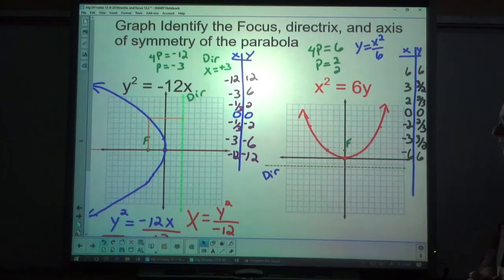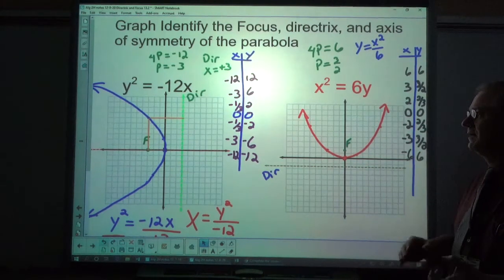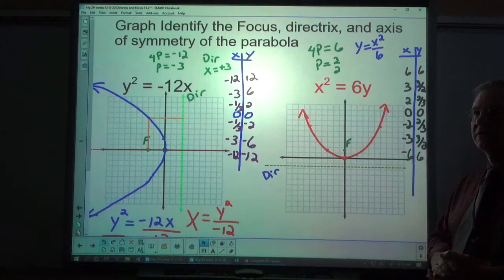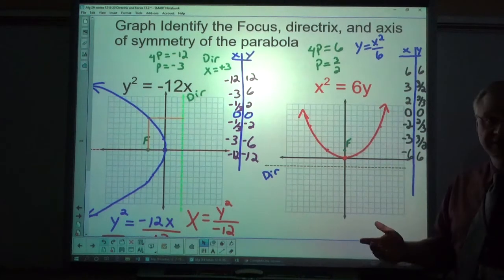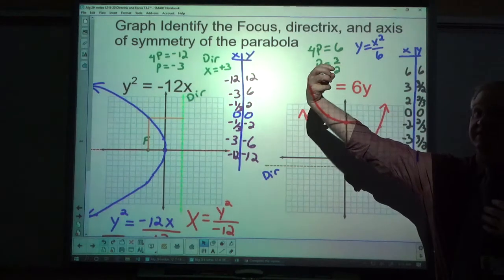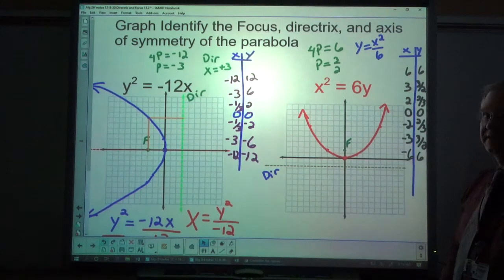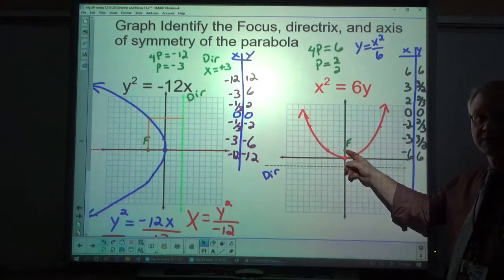The other purpose for directrix and focus has to do with, for example, a satellite dish. You've all seen a satellite dish, and you've seen that knob that's out in front of it. Well, that knob is at the focus.